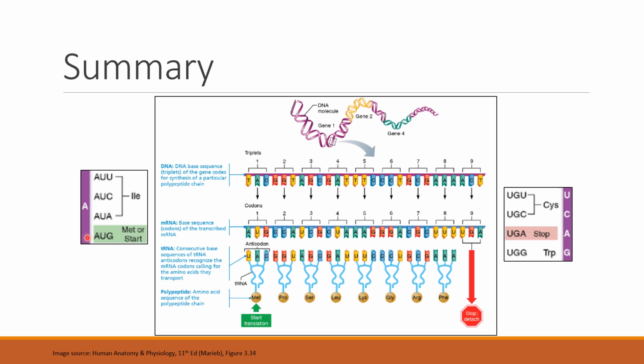Now, if you remember that one table I showed you earlier on, we said that AUG is the start sequence. So when it comes upon AUG, it will start the protein, and AUG also codes for the amino acid methionine, and so that'll be the start amino acid for the protein, AUG.